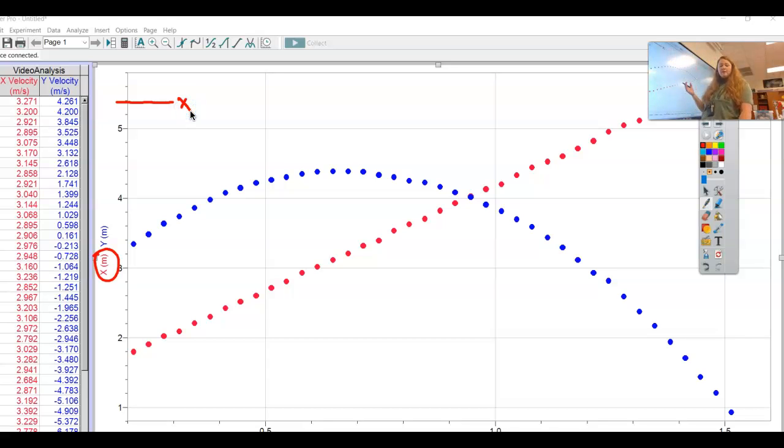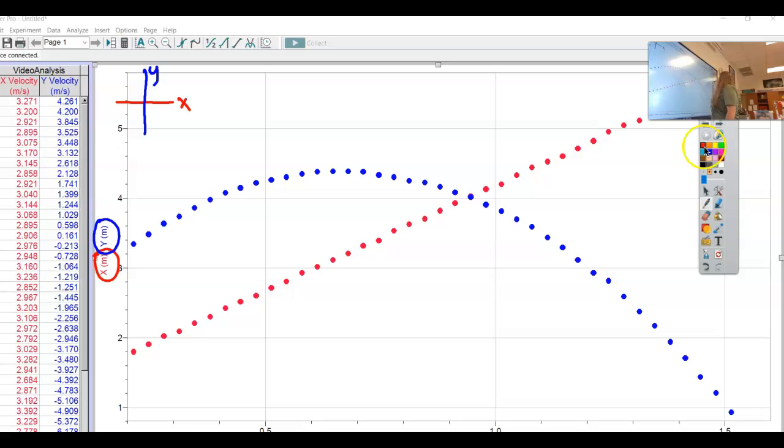In this case we're talking about horizontal position, horizontal displacement. Now the y graph that we see in blue here: since we're dealing with 2 dimensions, just like on an x and y axis, now we're talking about the motion of the object up and down.